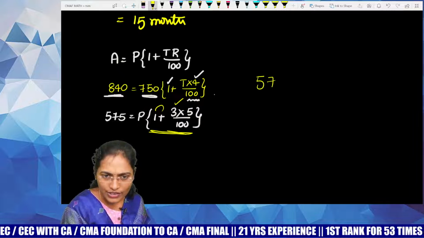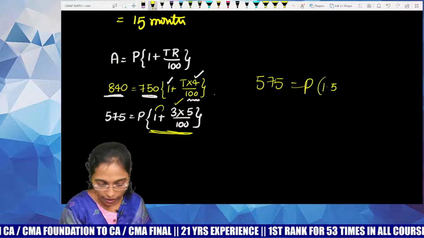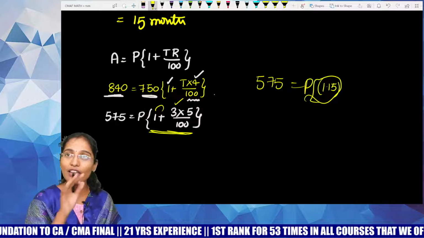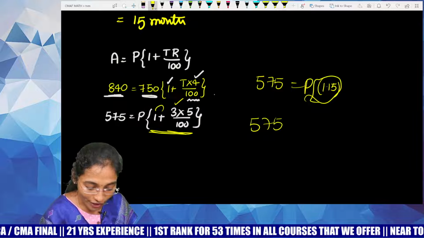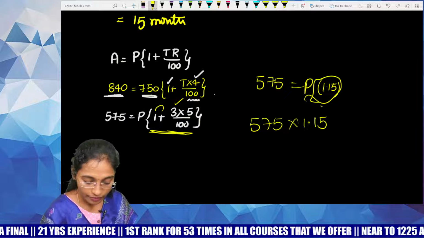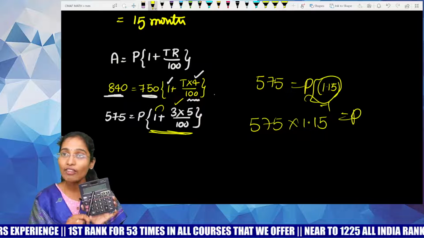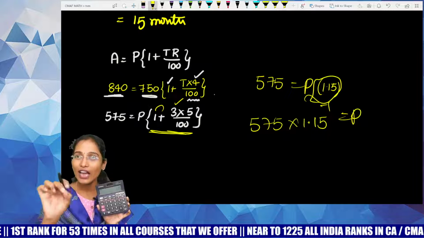Guys, look at this. For your better understanding, I'm writing it as a step. This is actually P into 1.15. If I take this 1.15 to the left side, it becomes 1.15 whole inverse, and that equals P. You already have 1.15 in your calculator, so there's no need to write another step.